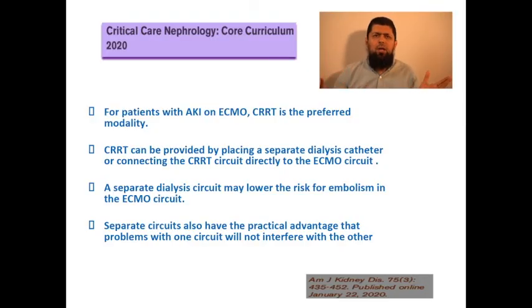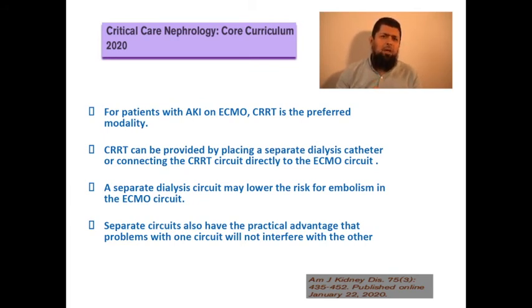We know from the Critical Care Nephrology Core Curriculum 2020 that the conservative fluid strategy, according to the FACTT trial, is associated with more ventilator-free and ICU-free days.